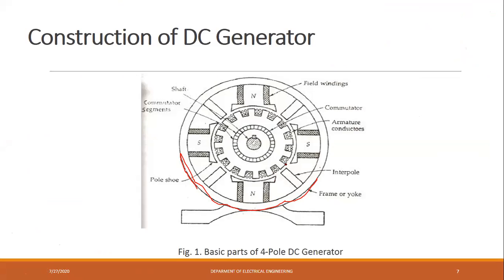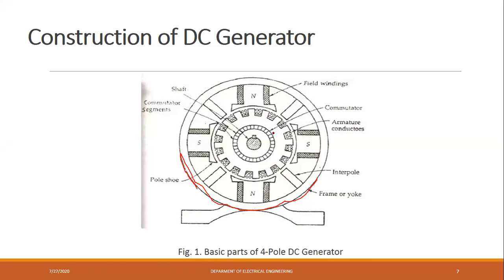Again, this N and S are our poles, and the winding mounted on the pole is the field winding. These holes you can see are the armature winding, which is the armature conductor, that is a rotor. And the winding placed on that is the armature winding.